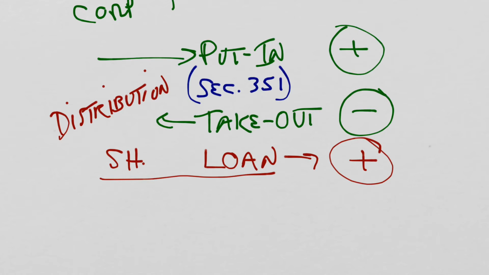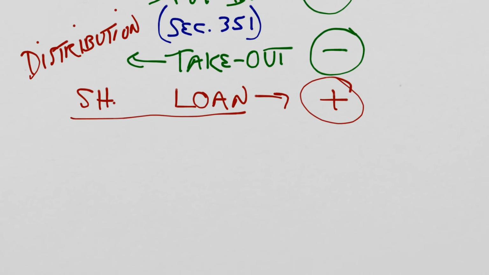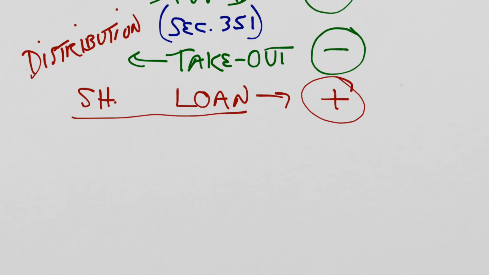It's no different than what money you put in for the stock back up here, but in this case you do it as a loan and it still adds to your basis. Okay, the formula is moving right along. Now, the basis is also increased by the income passed through to you, the shareholder. So that adds to basis.